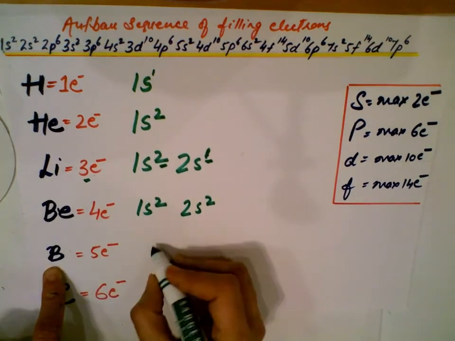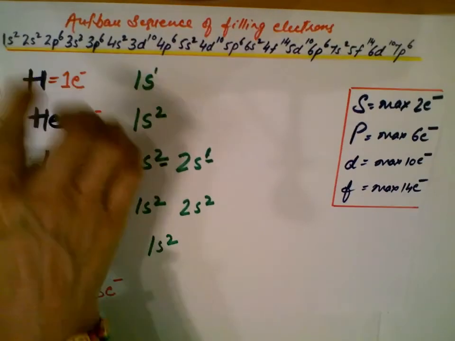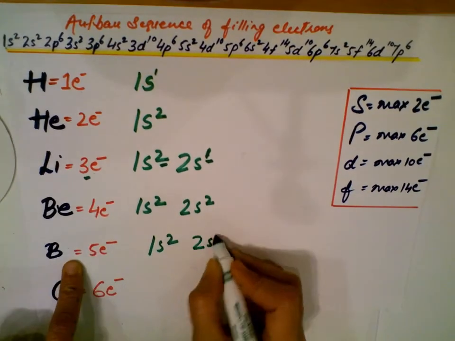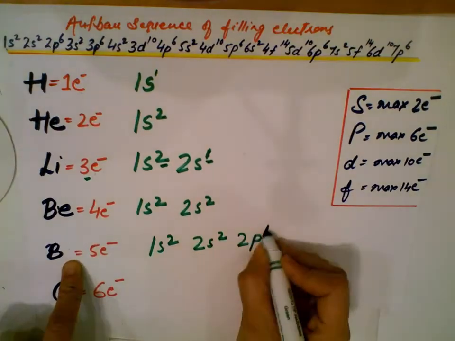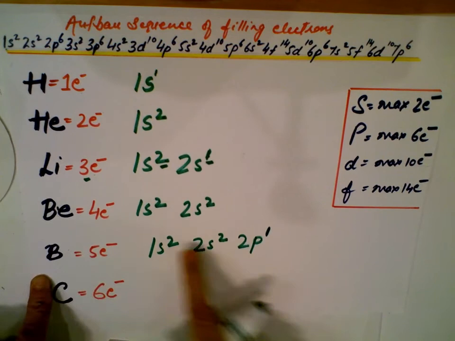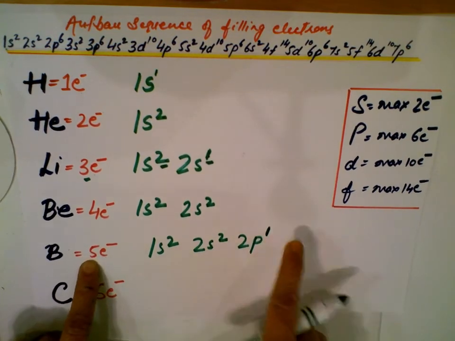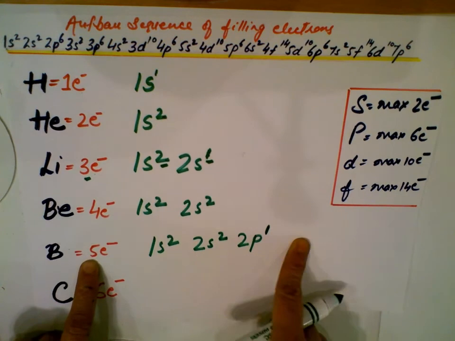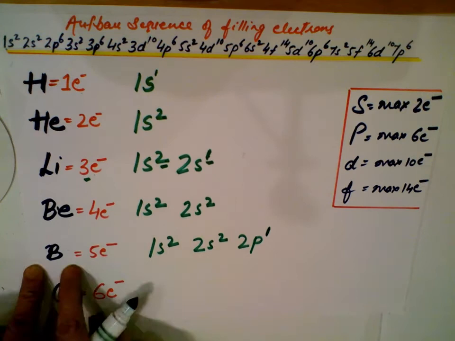Boron is 5. So 1s2, I'm again following the sequence, just follow the sequence. 1s2, 2s2, and then the next one is 2p6, but I need to write only 1. Why? Because I am working on boron. If I write more electrons here, then it wouldn't be the electron configuration for the boron atom.